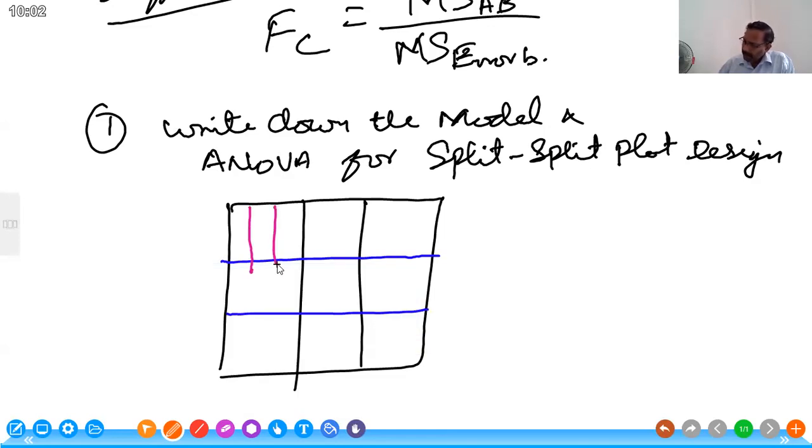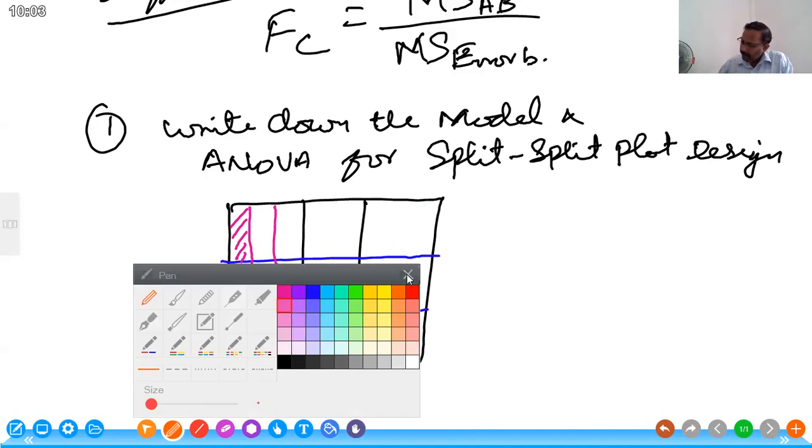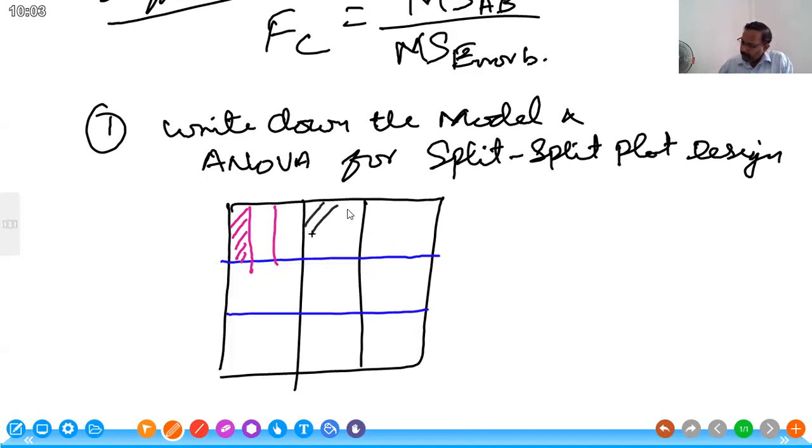We have the black color plots as one plot, the blue color as another. So this is one plot size, very small, the subplot. The other plot size is the second one, the medium size.